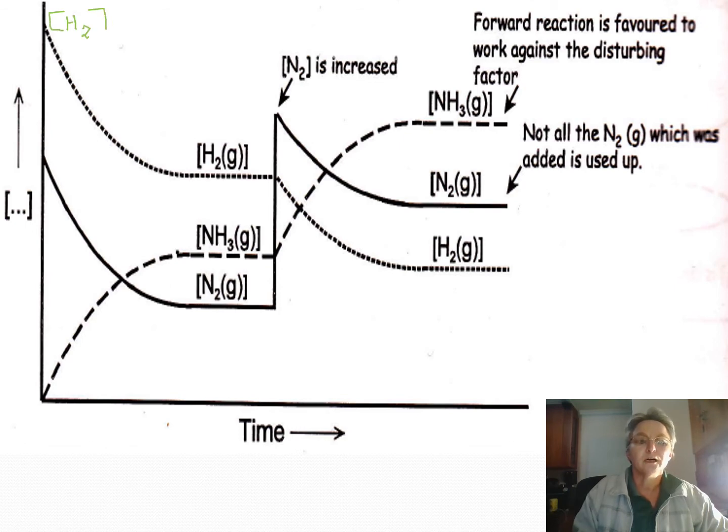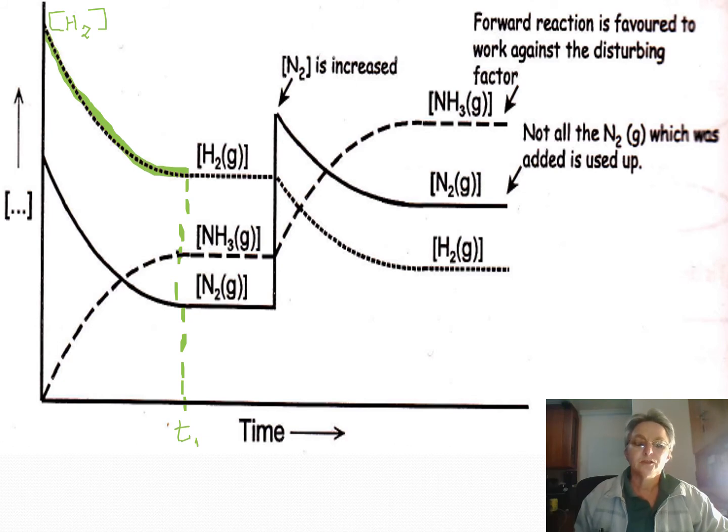What happens to hydrogen? The concentration of hydrogen drops as the forward reaction takes place. Here, at this time where the graph goes flat, T1, that is where the first equilibrium is reached.